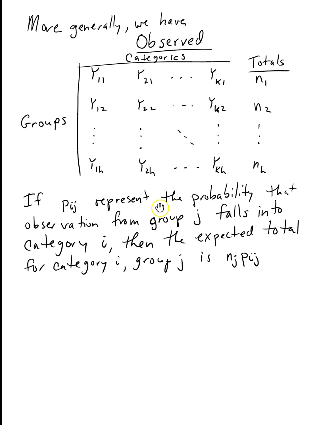Okay, so again, if P sub ij represents the probability that an observation from group J falls into category I, then we multiply the total in that group times the probability in that particular category. So N sub j times P sub ij, which is what we did in the previous part, right? Remember for Millikan it was 60 total, and the probability that we fell into teaching was 95 out of 240.